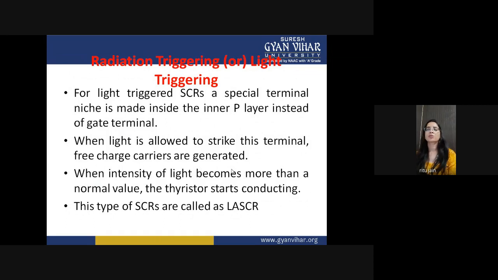So in radiation triggering, you are taking a P layer instead of the K terminal. When light strikes this terminal, free charge carriers are generated. When the intensity of light becomes more than a normal value, the thyristor starts conducting. This type of SCR is called LASCR.